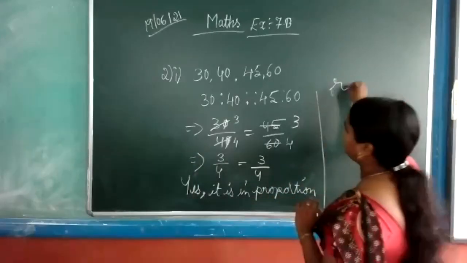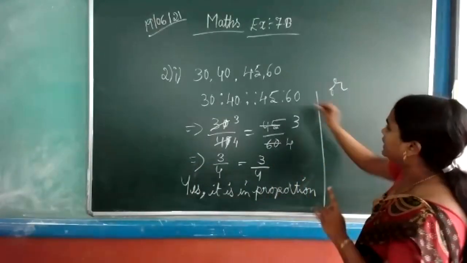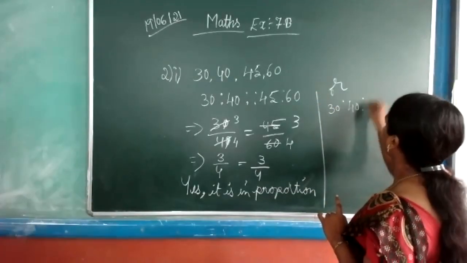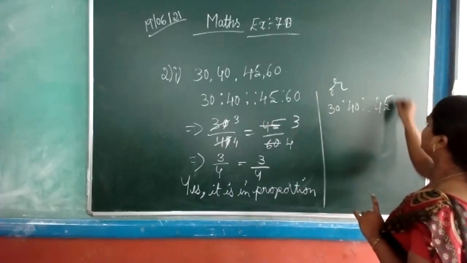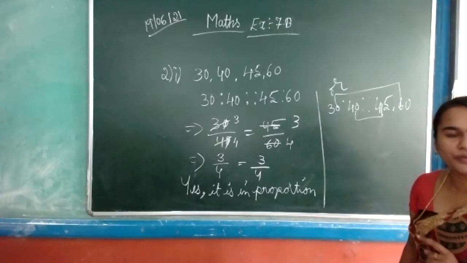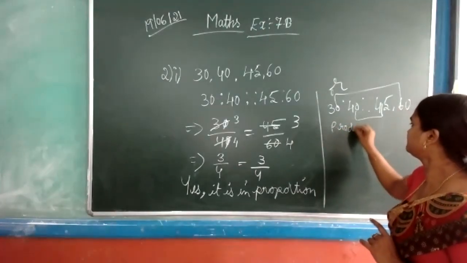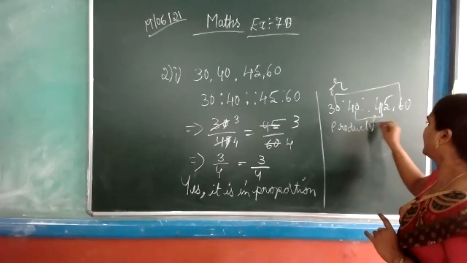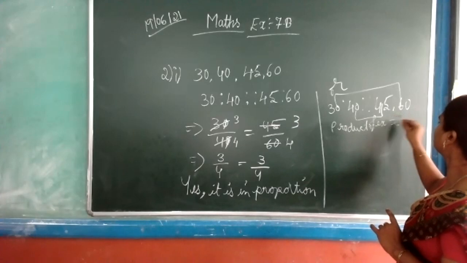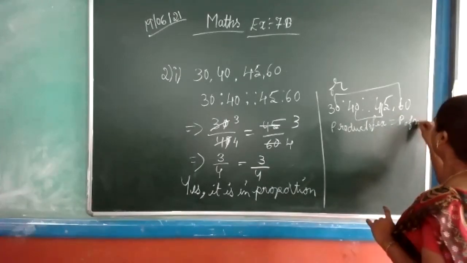Or, anyone write down, don't write both the methods. One method is enough. Or 30:40 is as 45:60. Product of extremes equals product of means.